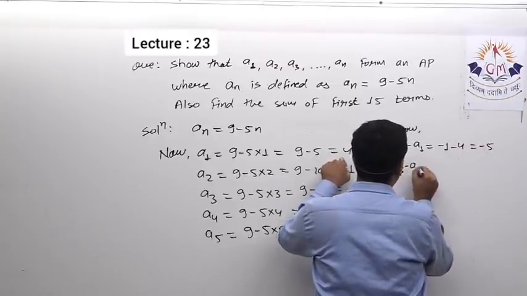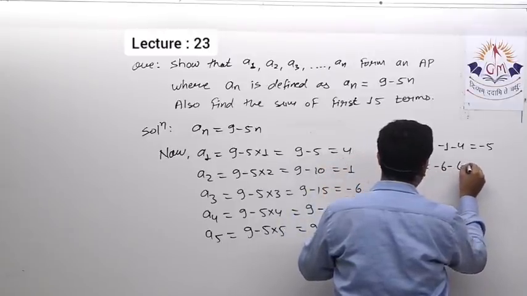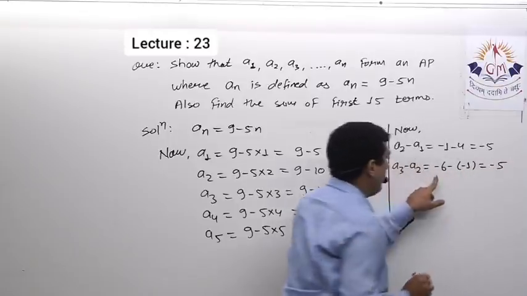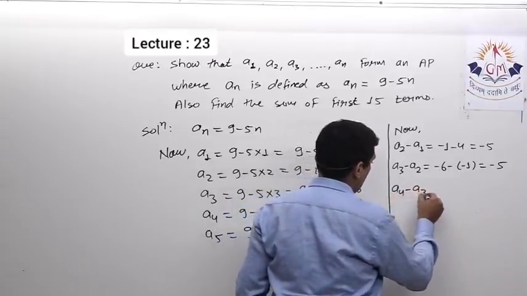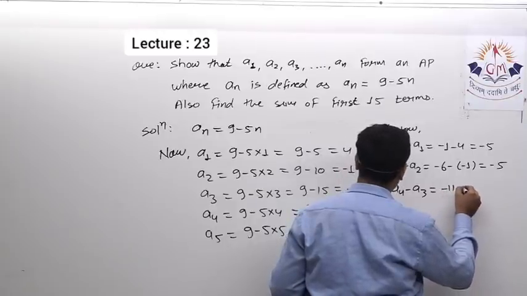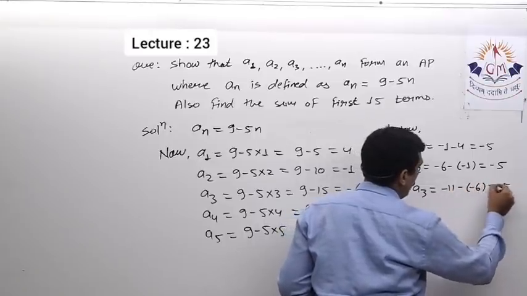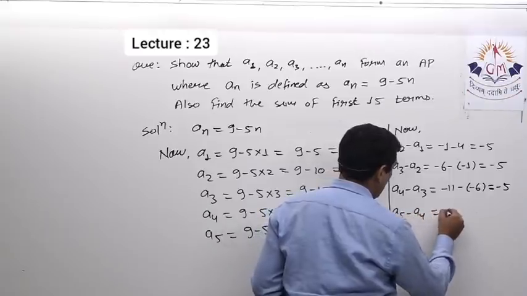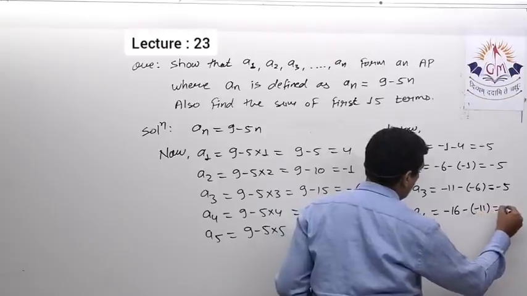A3 minus a2 is equal to minus 6 minus minus 1, that is minus 6 plus 1, again minus 5. Then a4 minus a3, minus 11 minus minus 6, minus 11 plus 6, that is again minus 5. Then a5 minus a4, that is minus 16 minus minus 11, that is again minus 5.